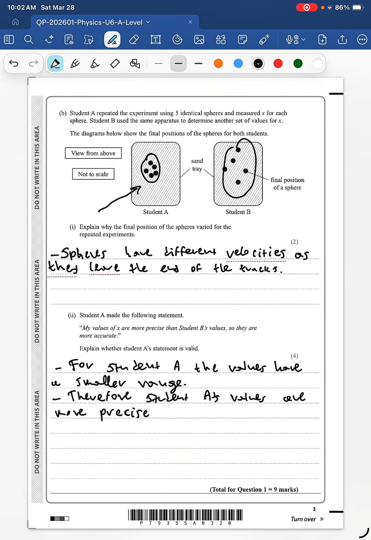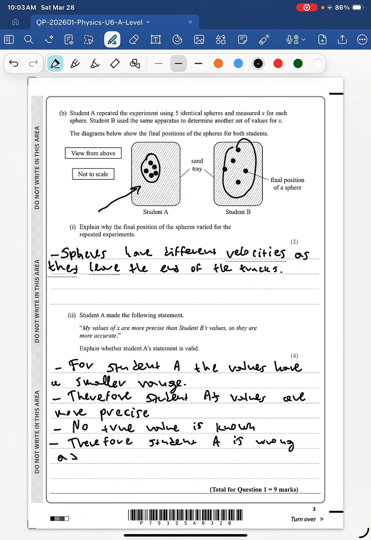In this case, we don't know what the true value is. So let's write this down. So no true value is known. Therefore, student A is wrong about accuracy.